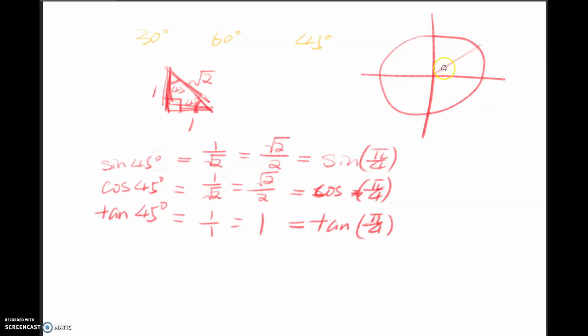And when we have a 45-degree angle, which is here, we know the sine, cosine, tangent is square root 2 over 2, square root 2 over 2, and 1. So again, this coordinate on the circle is cosine comma sine of the angle. So this will be square root 2 over 2 comma square root 2 over 2.